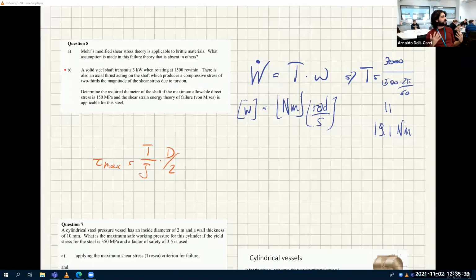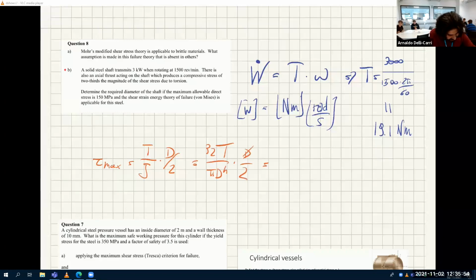Now, since the diameter is unknown, let's write this out as T divided by pi d to the power of 4 divided by 32. So this is 32T times d divided by 2. So the factors cancel, and this is 16T divided by pi d cubed. Agreed? And that's it. Because T is a number, but d is unknown.